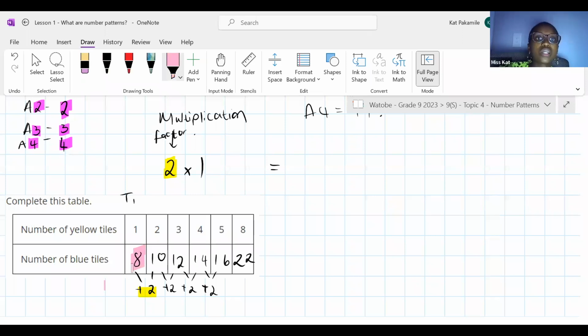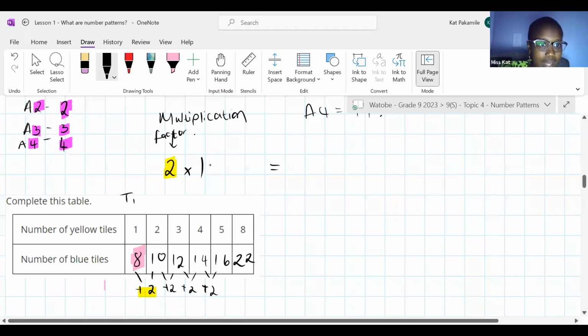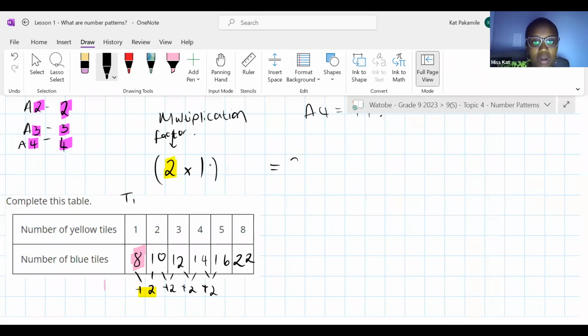Now let me know in the chat, is 2 times 1 equal 8? What's 2 times 1? It's 2, right? So what would we have to do to the sum in order to reach the desired amount?